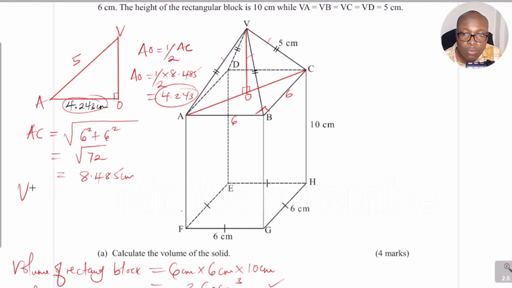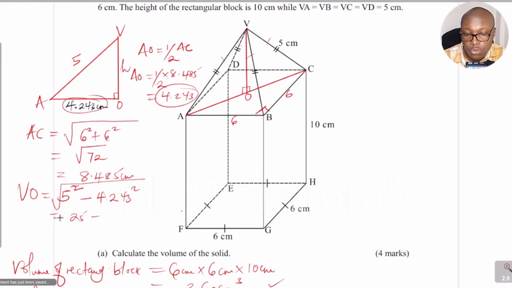Now VO, which is the height that we require, using this triangle, we use Pythagoras theorem. We need that height. So we get hypotenuse squared minus the base squared, 4.243 squared, and then we get the square root of that. So this gives 25 subtract 4.243 squared.